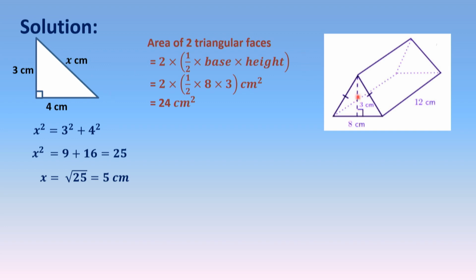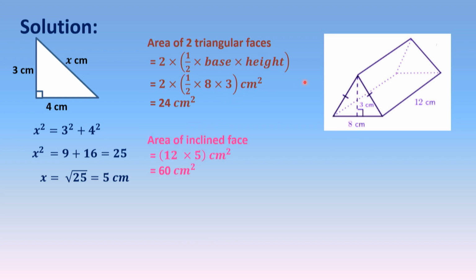I'm going to find the area of the two triangular faces. So here the area will be given by half times base. The base is 8 and the height is 3. So 2 times half times 8 times 3, which is 24 centimeters squared.